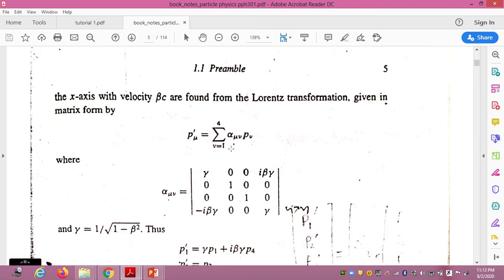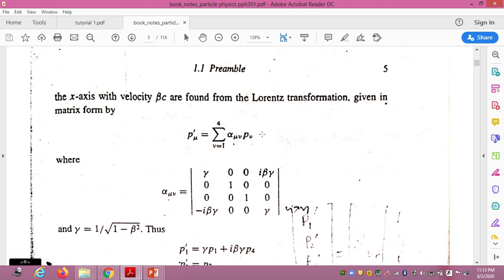P mu prime is equal to alpha mu nu p nu. That means this p is the momentum, I mean, we are talking about the 4 momentums, right? So this P nu is the 4 momentum in sigma frame, and this P mu prime is the 4 momentum in the sigma prime frame. Now we are just trying to do the transformation, as if we know P nu, how to find out P mu prime.